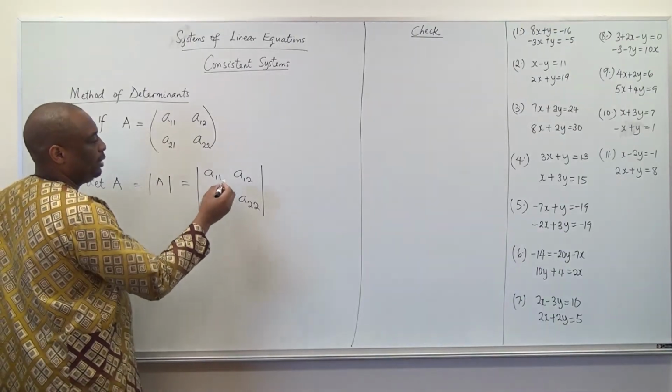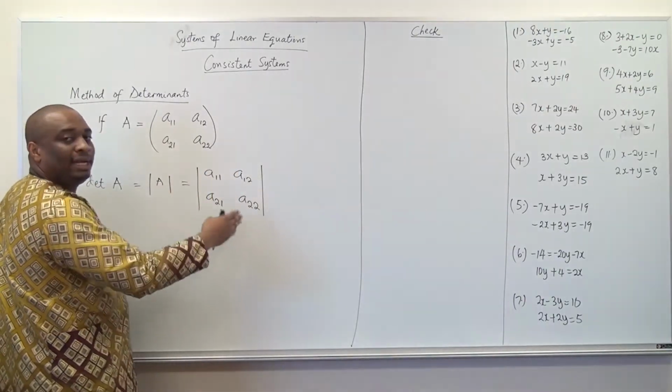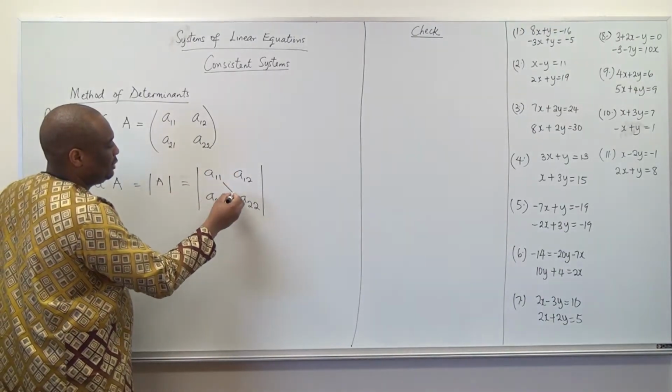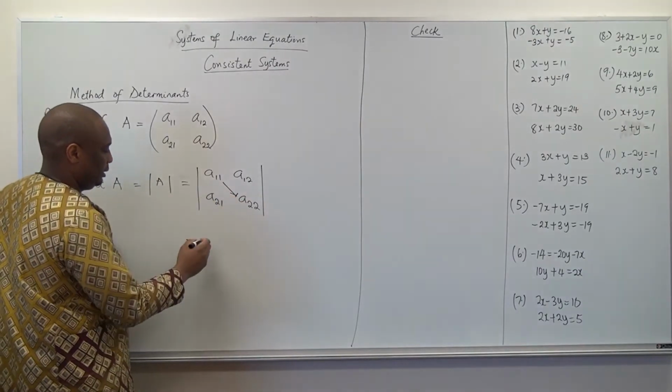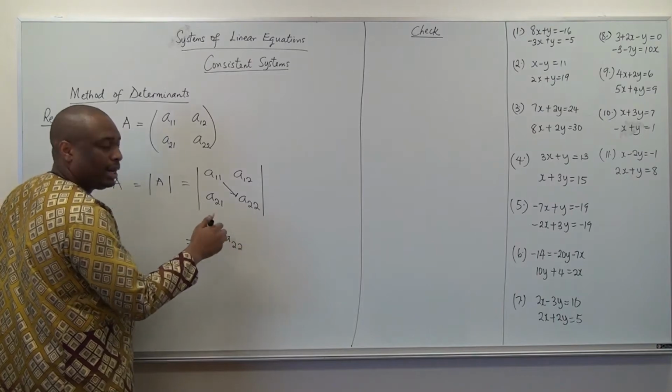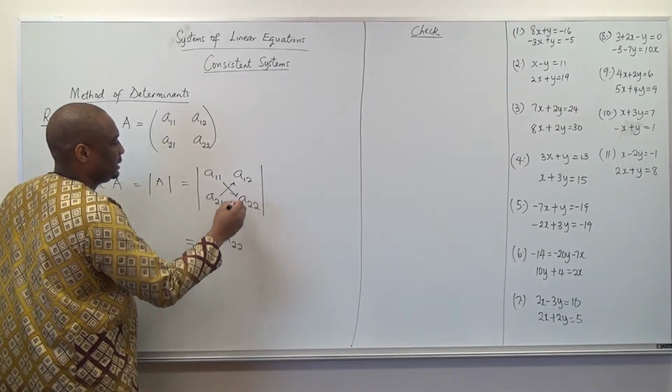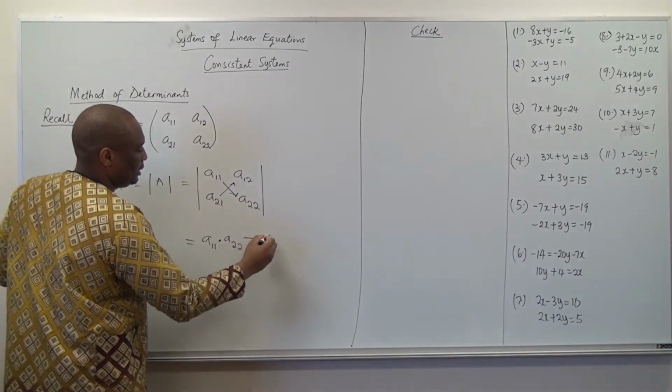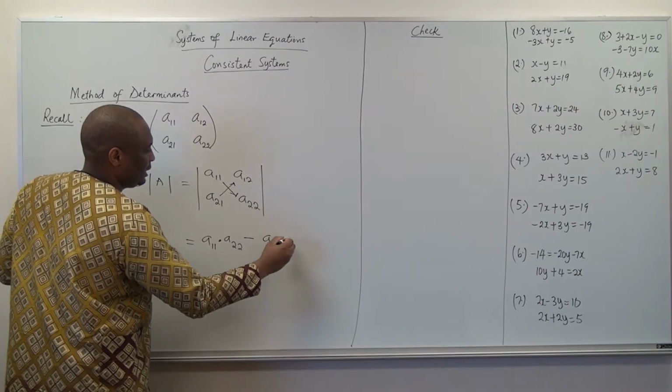If we want to find the determinant, we multiply A11 times A22 in this order, minus A21 times A12.